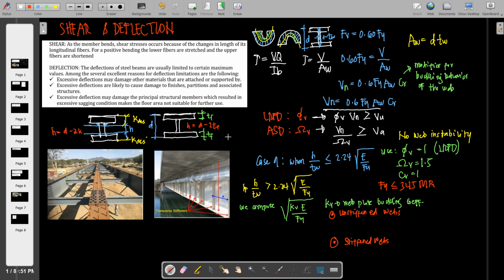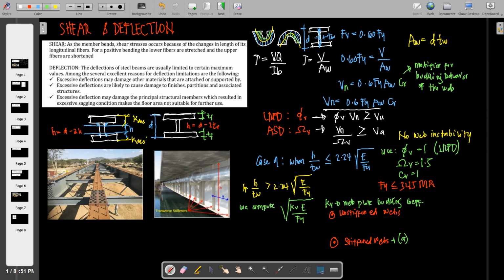When we say stiffened webs, just bear in mind, we will have here a value of A. And A is the clear distance between the transverse stiffeners. If you notice, it has a stiffener.